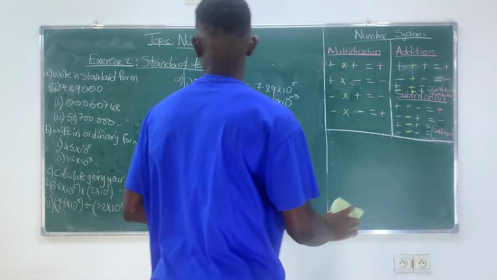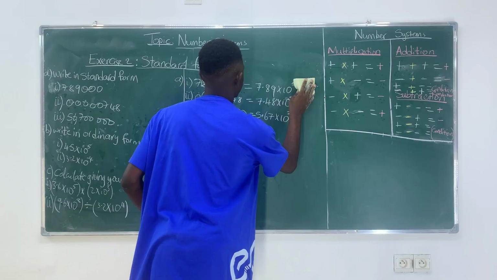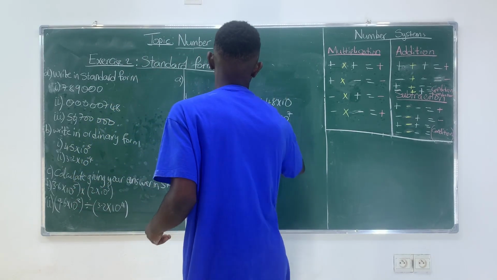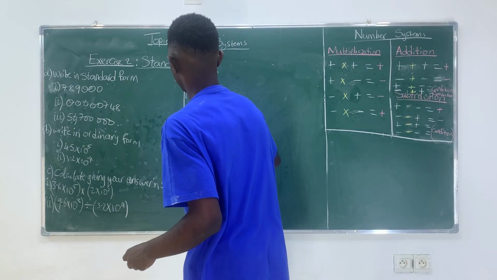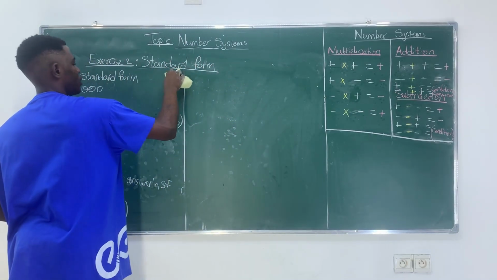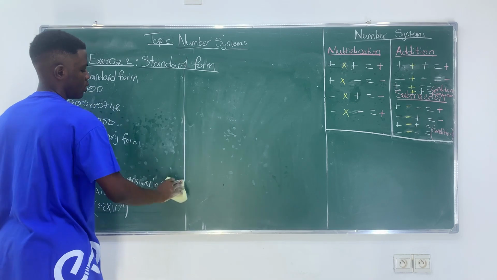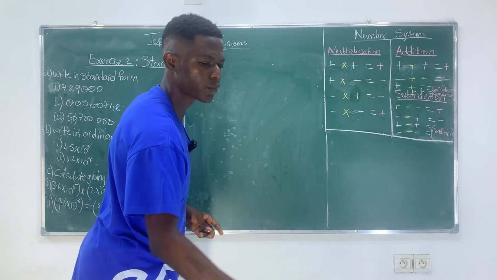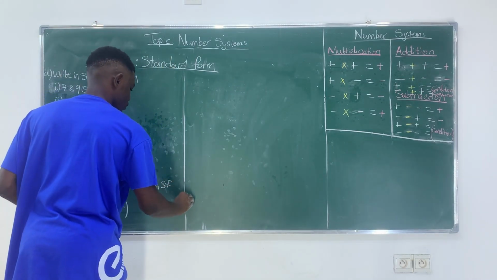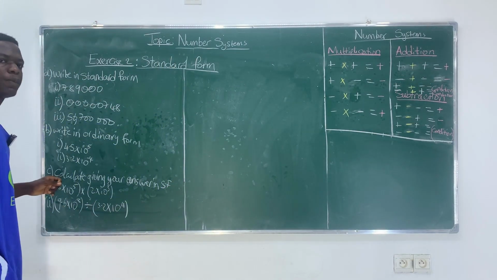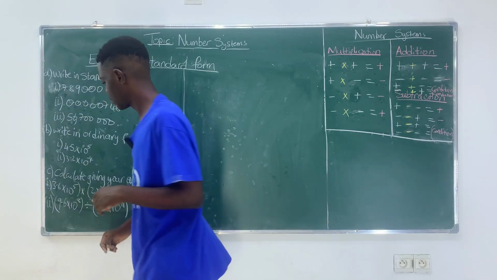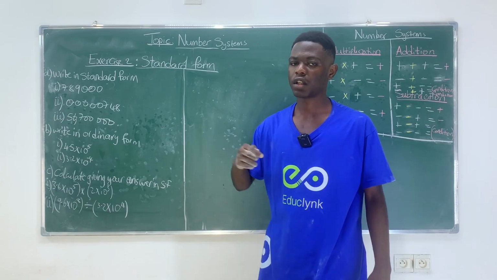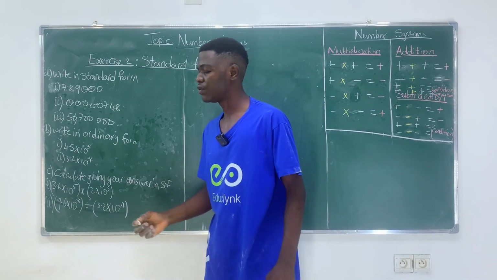Okay, so let's do the C part. The C part is the multiplication part. Calculate, giving an answer in standard form.